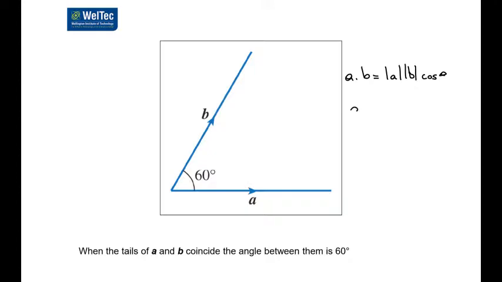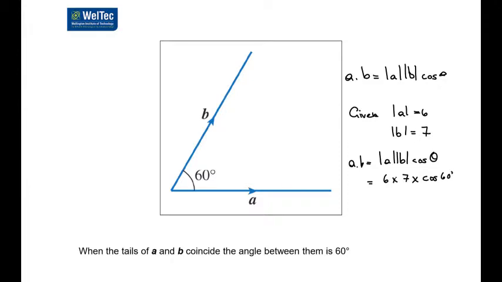If we were given that the length of A was 6 and that the length of B was 7, then the inner product or the dot product would be equal to, I'm just using the formula here, 6 times 7 times cos of 60, and the answer would be 21.